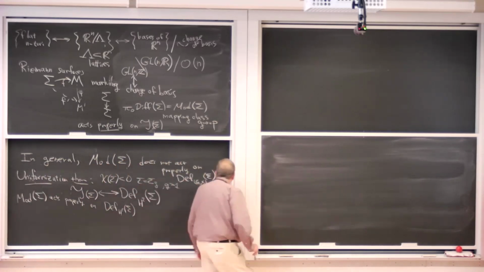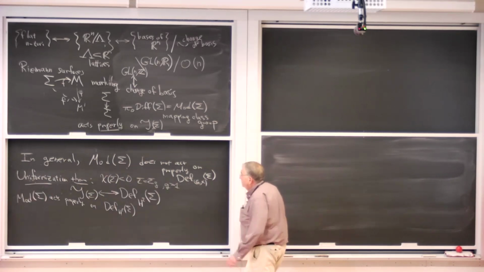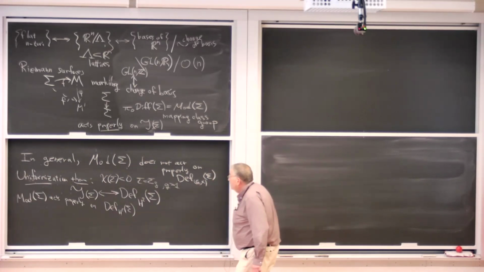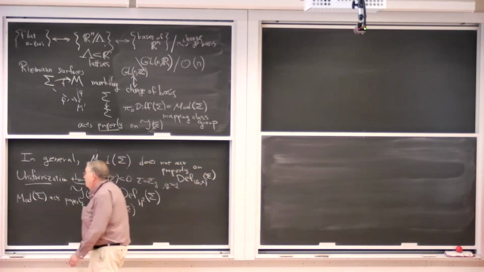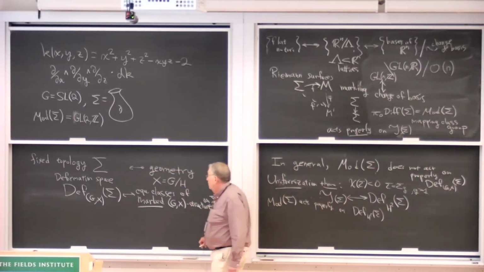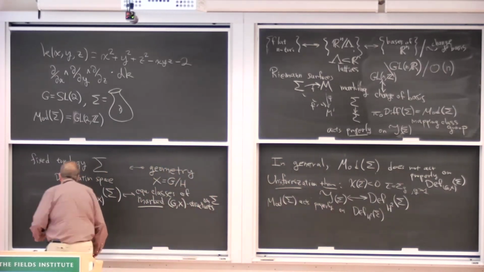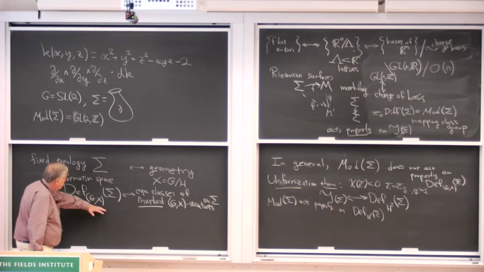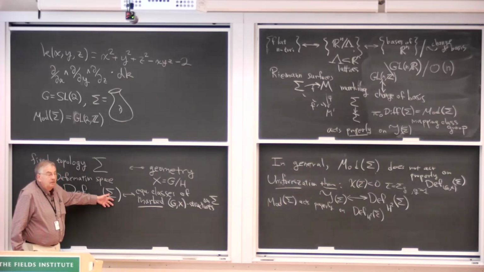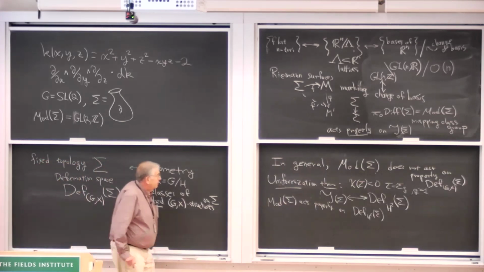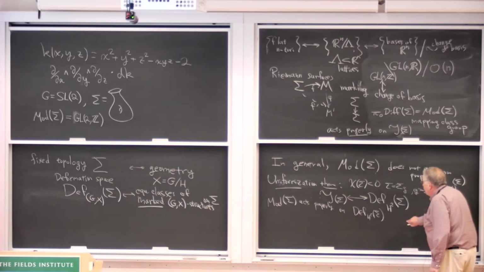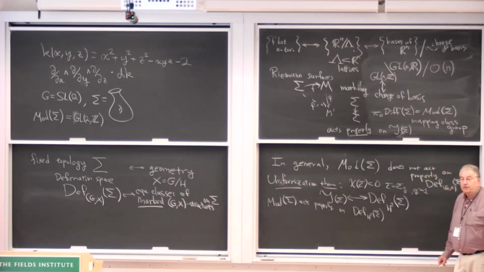Okay, so I should maybe mention something else. Another theme will be that when we have these structures, it's useful to put in singularities sometimes. And so we can imagine putting in, say, to a Riemann surface, branch points or cone points. And then this leads to an interesting theory. And we'll see that, at least in the case I'm describing, we do get proper actions when we put in some isolated singularities.